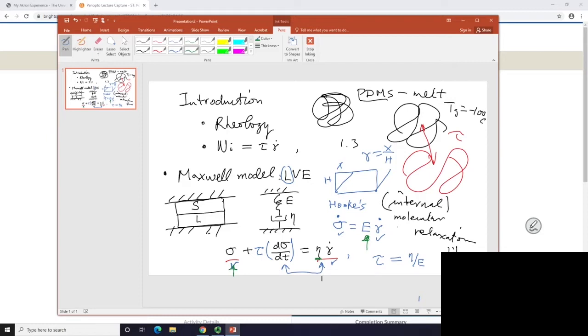So all this is quite elementary. All of a sudden, we recognize that if you have a viscoelastic material, you should at least come up with some kind of relaxation time to characterize it. Any question? Okay, we move on then.